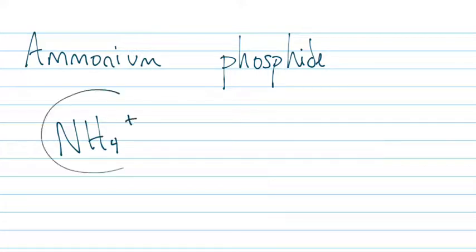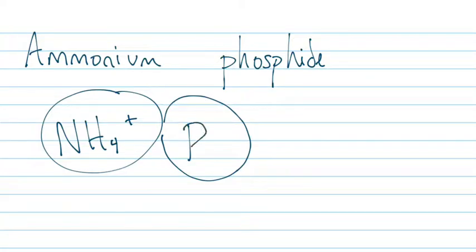NH4 plus, I heard. What's phosphide? Good. Phosphide's -3. It's just phosphorus, so it's just P here. And then, Marissa, how did you know it's -3? On that periodic table. It's in group 15 over there, so it's -3.